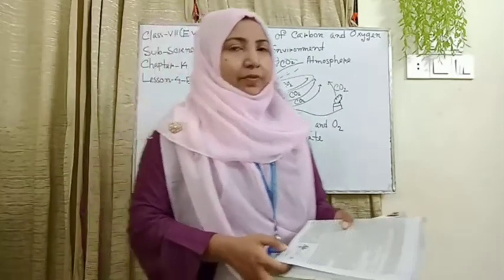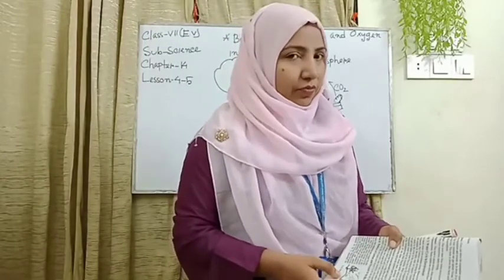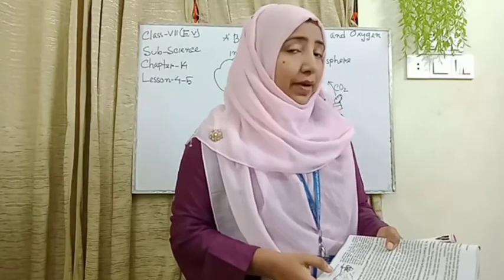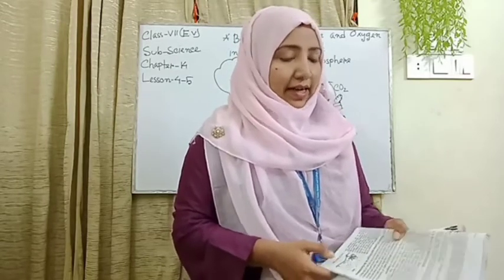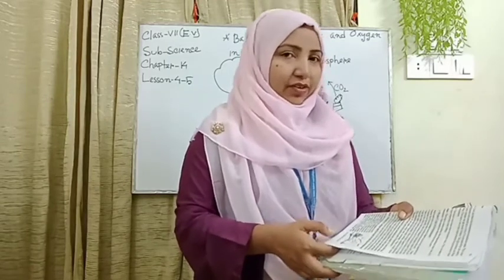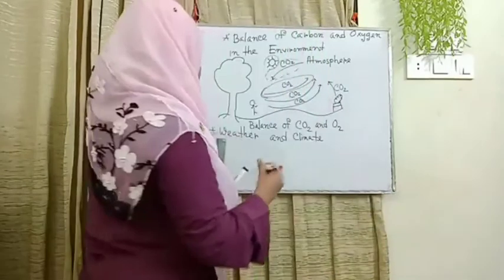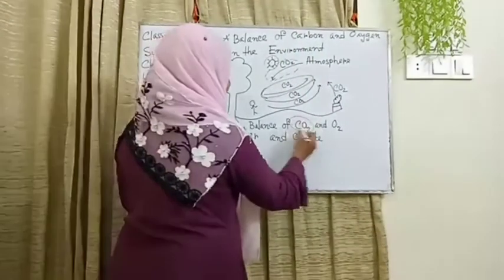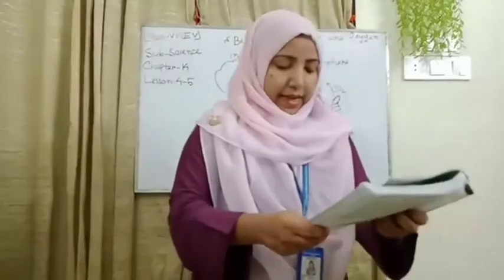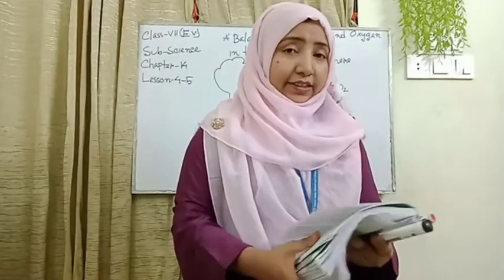This process is called photosynthesis, and photosynthesis is a very important reaction on the earth. These two gases are essential for life: one is carbon dioxide and the other is oxygen.